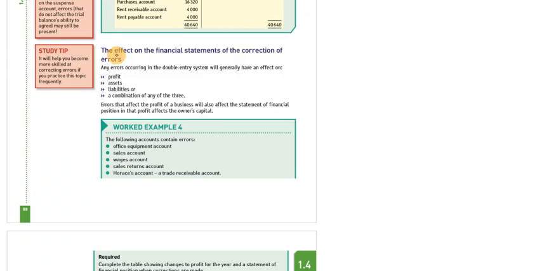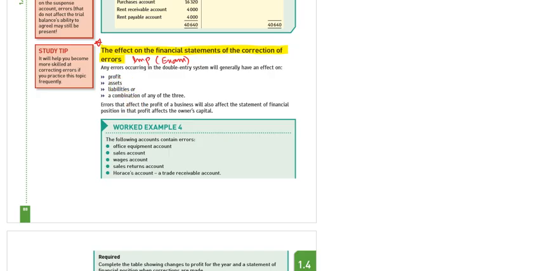So the next one is the effect on the financial statement on the correction of error. So this is a very important area as per the examiner. Exam important one. So the examiner normally asks a question: what's the impact of the errors on profit, assets, liability?